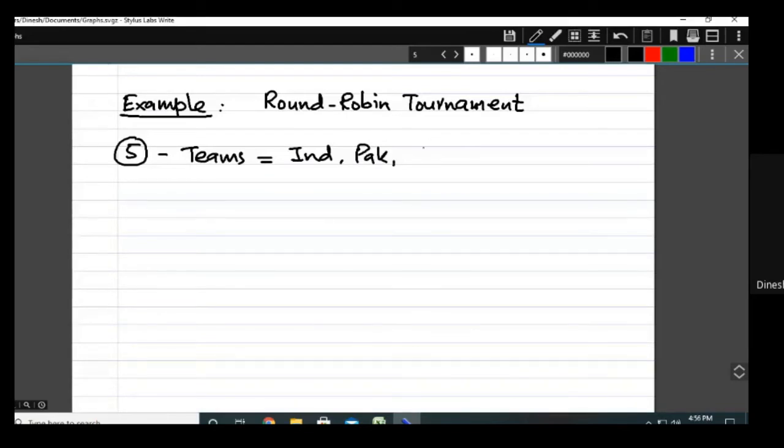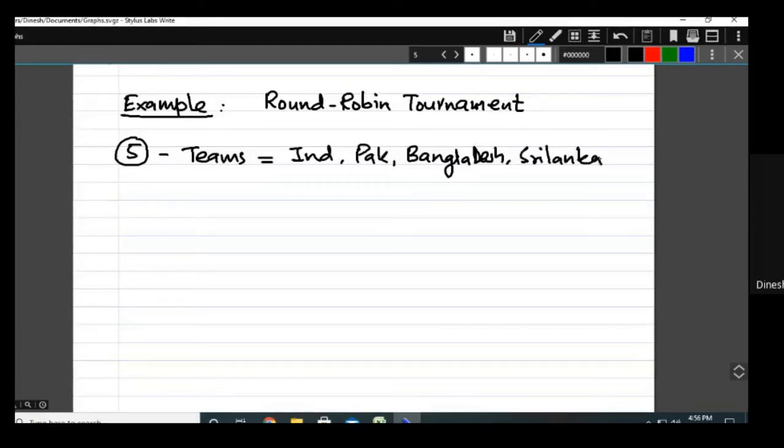Maybe you can think about Asia Cup. So you can have Bangladesh, and then Sri Lanka, and one, two, three, four, and what is remaining? Let's say what you have is Afghanistan.